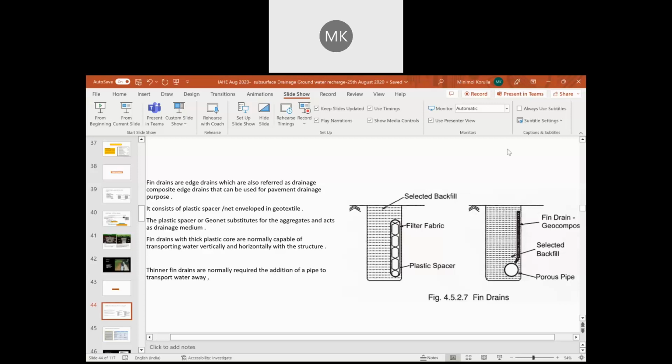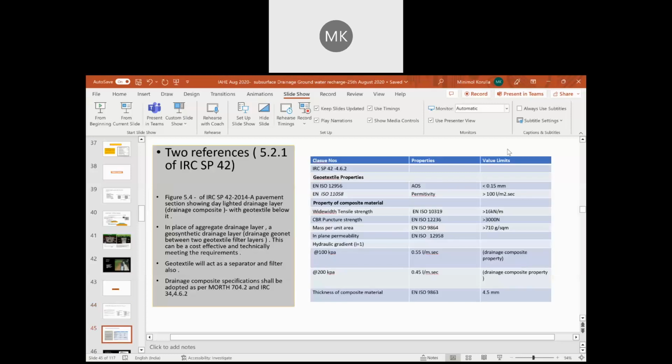Now let me talk about some other provisions given in IRC SP 42, like the provision of a sand blanket. What is the function of a sand blanket? Normally, sand blankets are used as a cutoff.